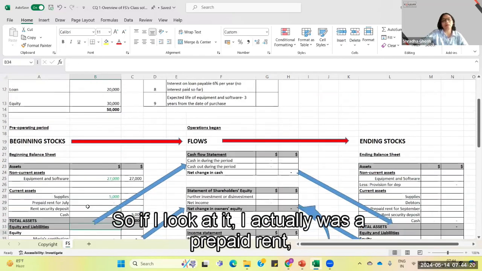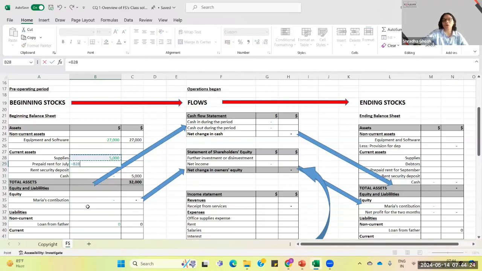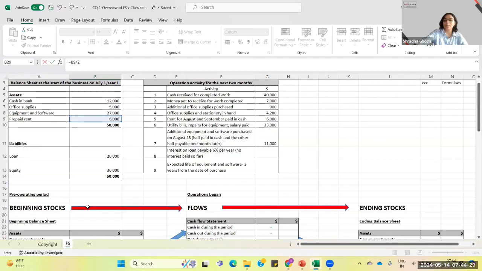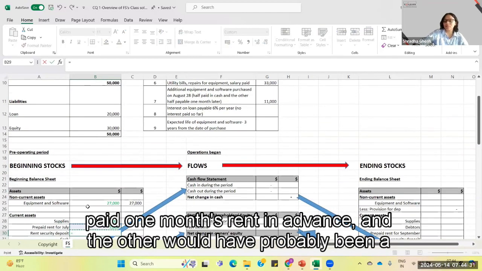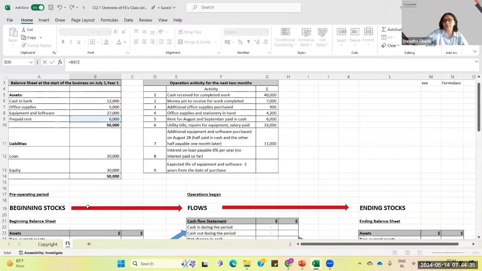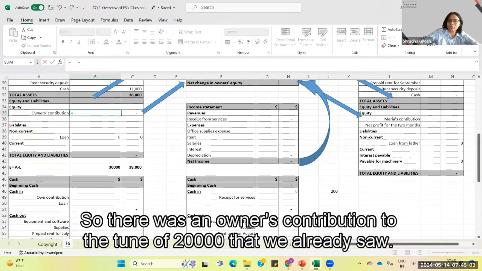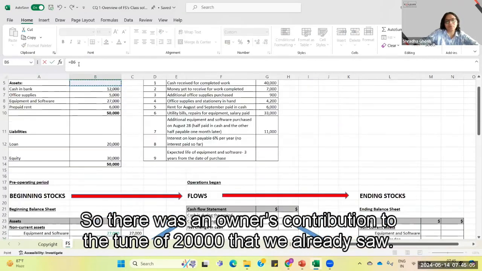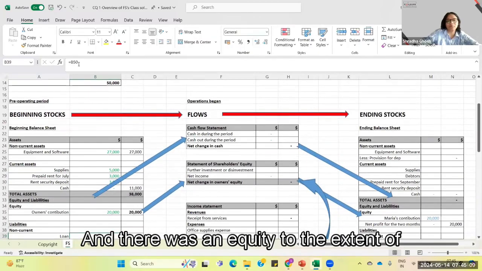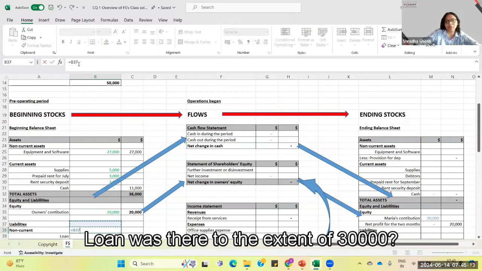So if I look at it, I actually had a prepaid rent, not of the entire 6,000, but 1 month's rent in advance, and the other would probably have been a security deposit. There was an owner's contribution to the tune of 20,000 that we already saw, and there was equity to the extent of the loan. Loan was there to the extent of 30,000.